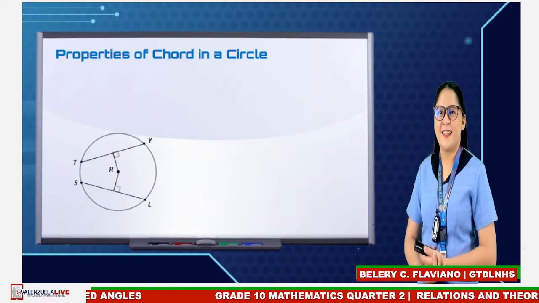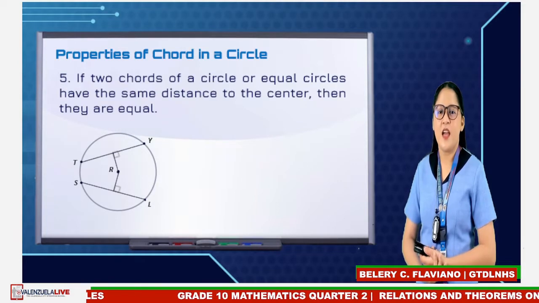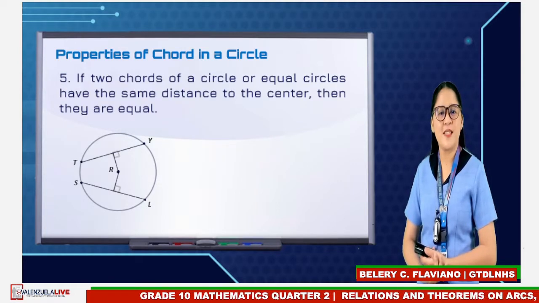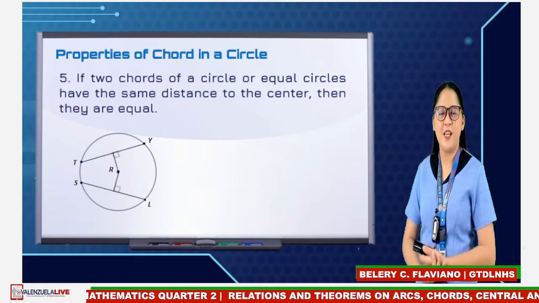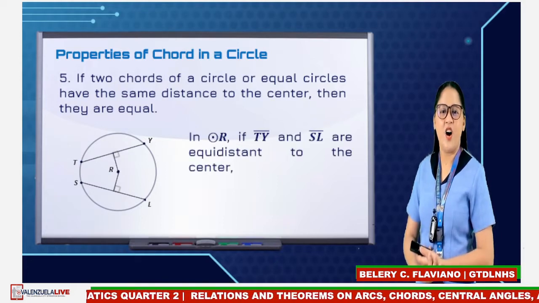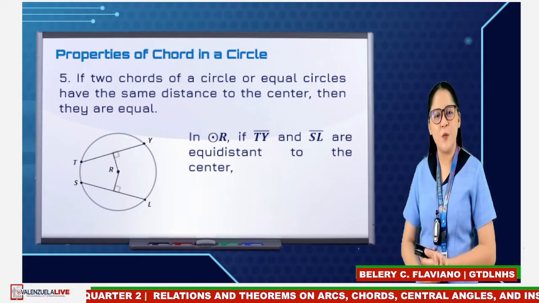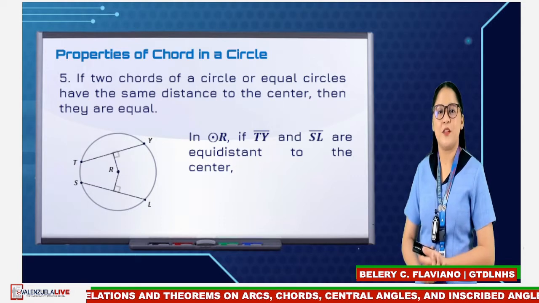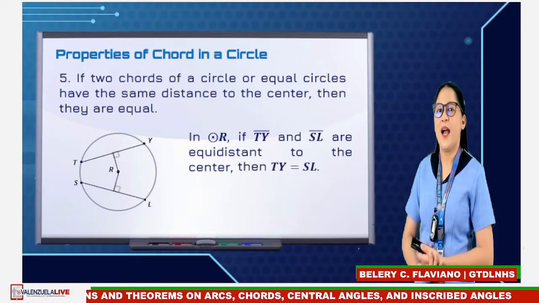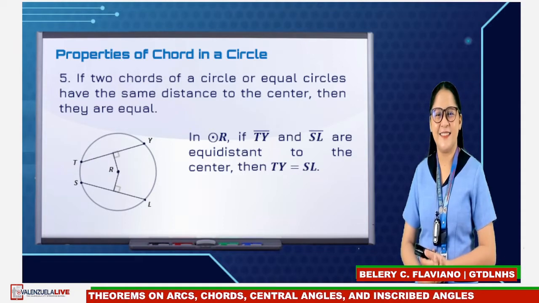And the next property is: if two chords of a circle or equal circles have the same distance to the center, then they are equal. In circle R, if segment TY and segment SL are equidistant to the center, then TY is equal to SL.